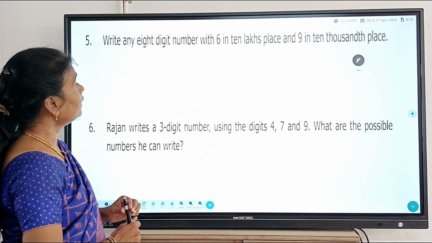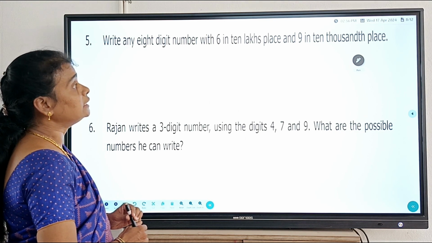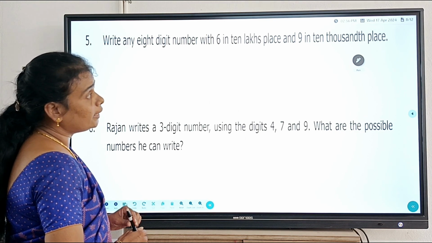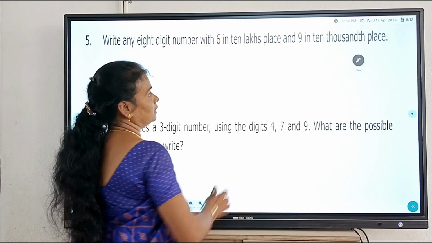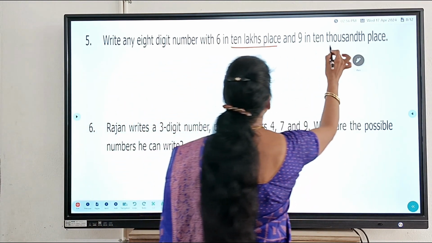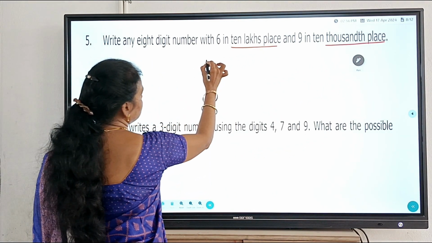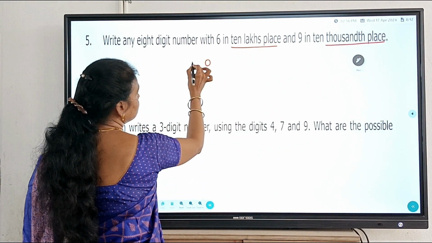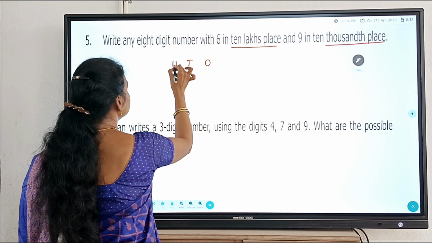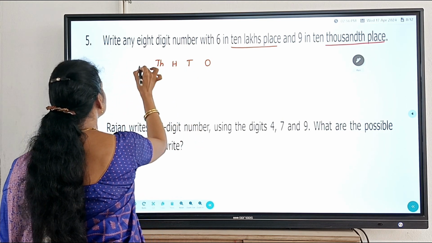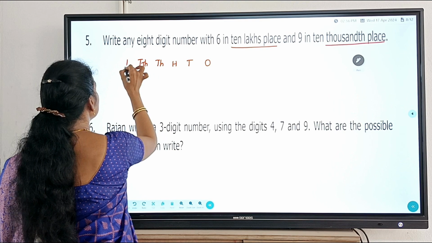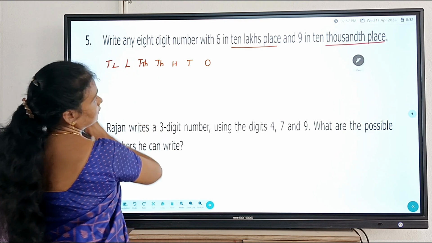Next one, write any 8-digit number with 6 in the 10 lakhs place and 9 in the 10,000 place. So already we learned about the place value. What is the place value in the Indian system? Ones, tens, hundreds, thousands, 10,000s, lakhs, 10 lakhs.